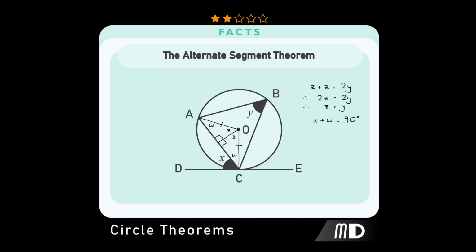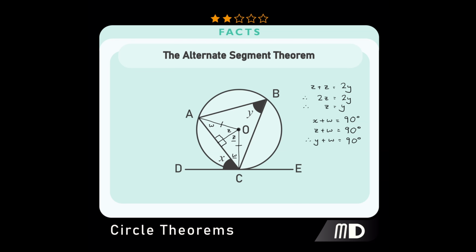Looking at our right-angled triangle, we can also see that given the sum of the angles in a triangle is 180 degrees, Z plus W must equal 90 degrees. And given that we already found that Z is equal to Y, this can be rewritten as Y plus W is equal to 90 degrees.